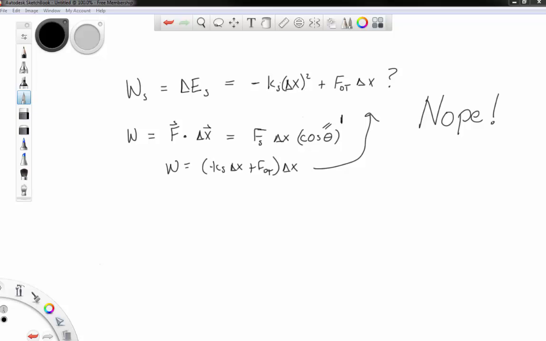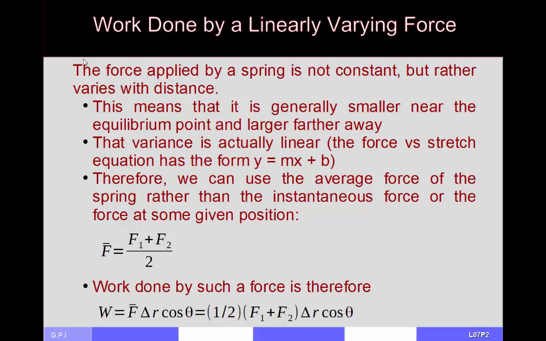And the answer is for very much similar reasons to why we have to modify the equation that we use for the potential energy when we're dealing with gravity. The specific reason is that the force applied by a spring is not actually constant.